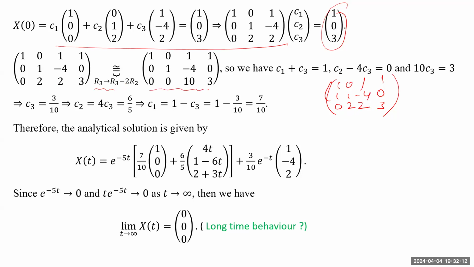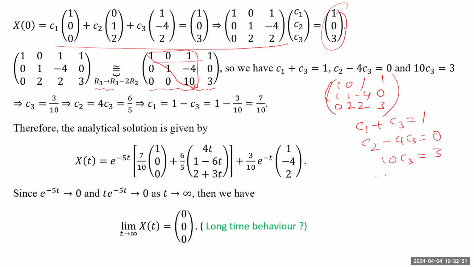You will get this equation, related to C1, C2, C3, and the corresponding values are 1, 0, 3. So for example, in the first one, C1 plus C3 is equal to 1. In the second one, C2 minus 4 C3 is equal to 0. The last one is 10 C3 is equal to 3.